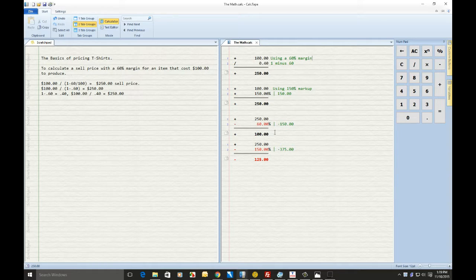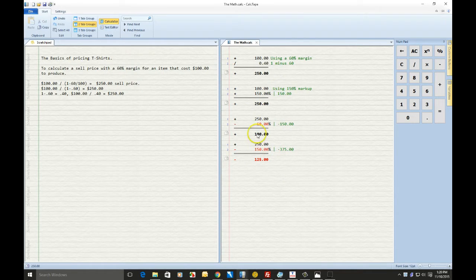But if we take that same $250 and subtract our 150% to get back down and see where we started from, we actually come up with a minus $225. So this is where you can really hurt yourself out there. If you've got an item, you mark it up using markup, and then you're going to reduce it down, you have to be really careful, because otherwise you're losing a lot of money, or you're actually paying the customer to take it from you.